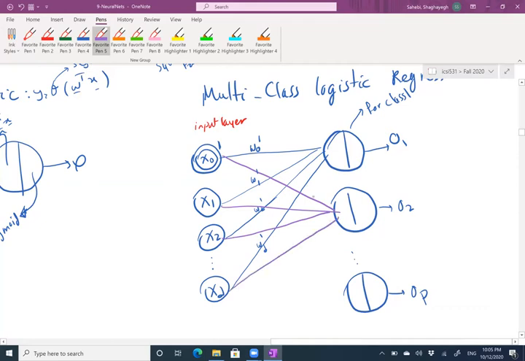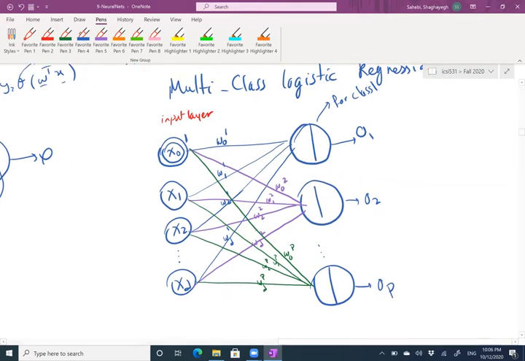So I'm going to have W0 for class 2, W1 for class 2, W2 for class 2, until WD for class 2, right? So these are the set of parameters, the vector of parameters for class 2 for me. For all classes, I'm going to have that, right? So for the last class, I'm going to also have this: W0 for class P, W1 for class P, W2 for class P, WD for class P, right?